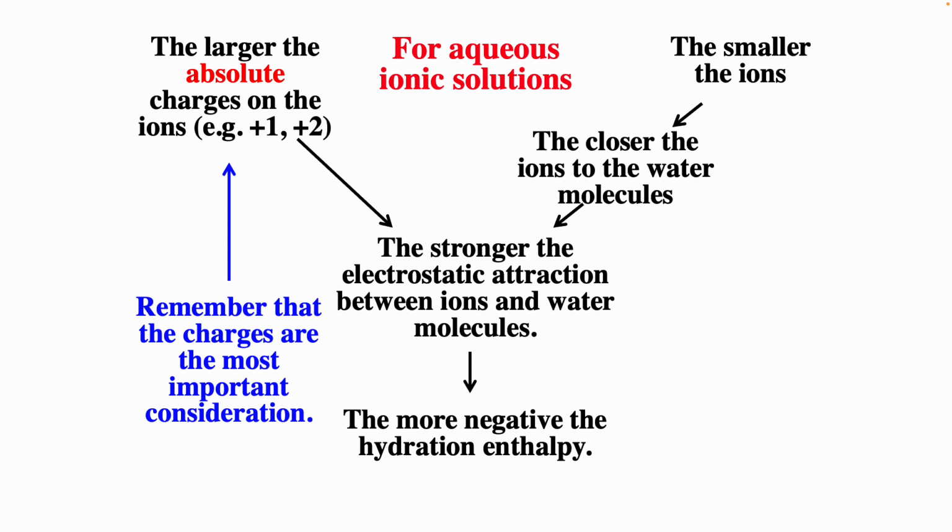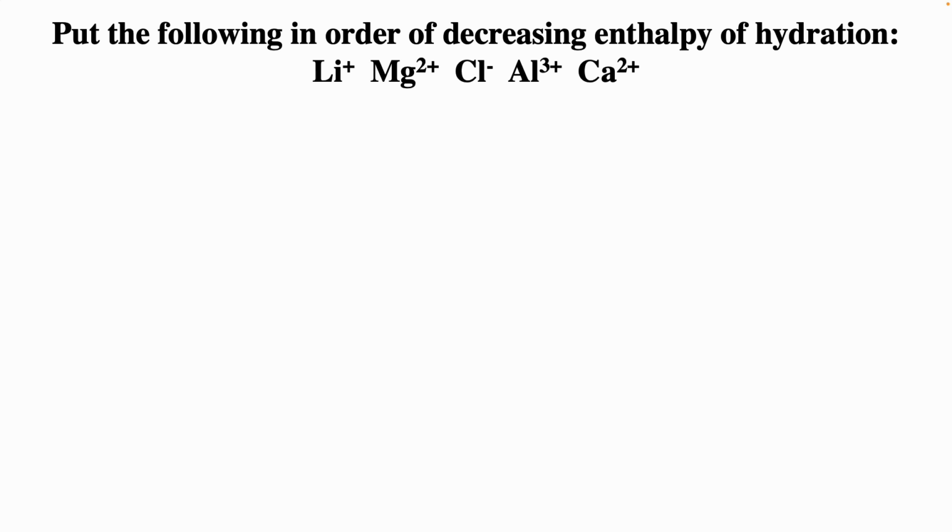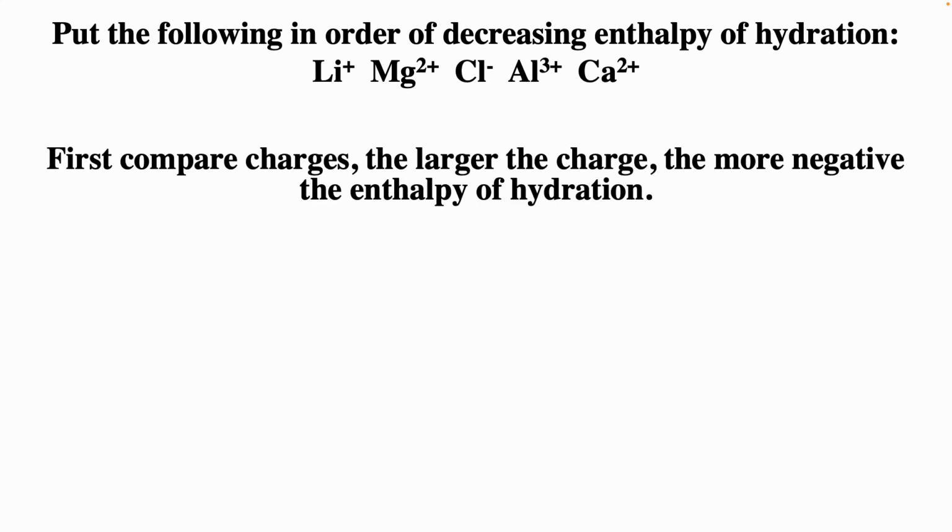And the absolute charge is the most important consideration. And so you could be asked to put the following in order of decreasing enthalpy of hydration. Remember, the stronger the attraction, the more negative the enthalpy of hydration. So decreasing enthalpy of hydration corresponds to increasing ion-dipole interaction. And so charge is the most important consideration.